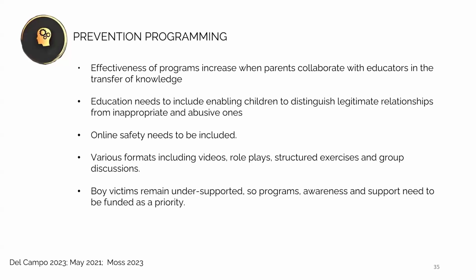Prevention programming needs to include online safety for kids. We need to use videos, role play, structured exercises, and group discussions for children. And we need to remember that boy victims remain under-supported, so programs, awareness, and support need to include boys as possible victims of sexual abuse as well.